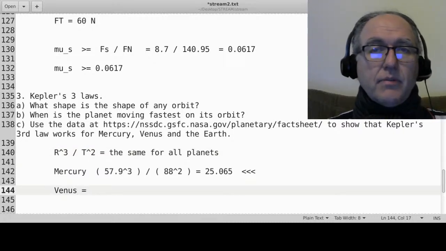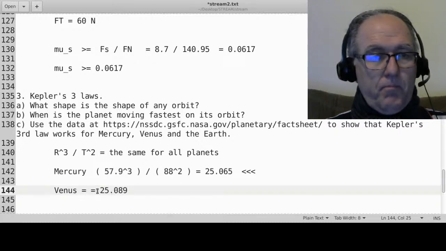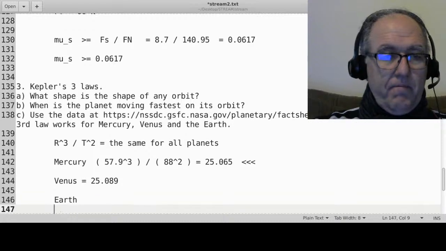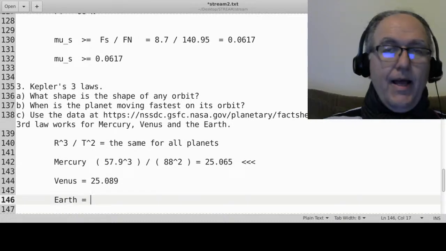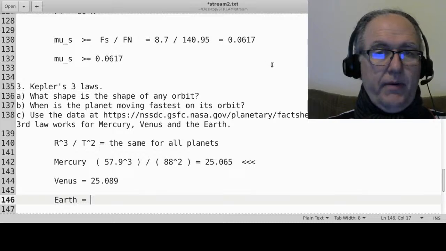For Venus, I did the same thing, only here I put in the values for Venus, and I got this number right here. And then for Earth, I got this number right here.